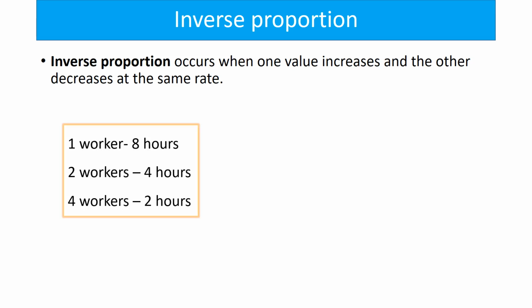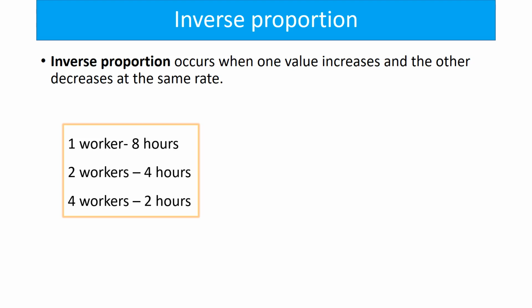If it takes one worker 8 hours to complete a certain job, if I have 2 workers, it's going to take 4 hours, because if I have more hands, then it will take less time. And if I have 4 workers, it's going to take 2 hours.